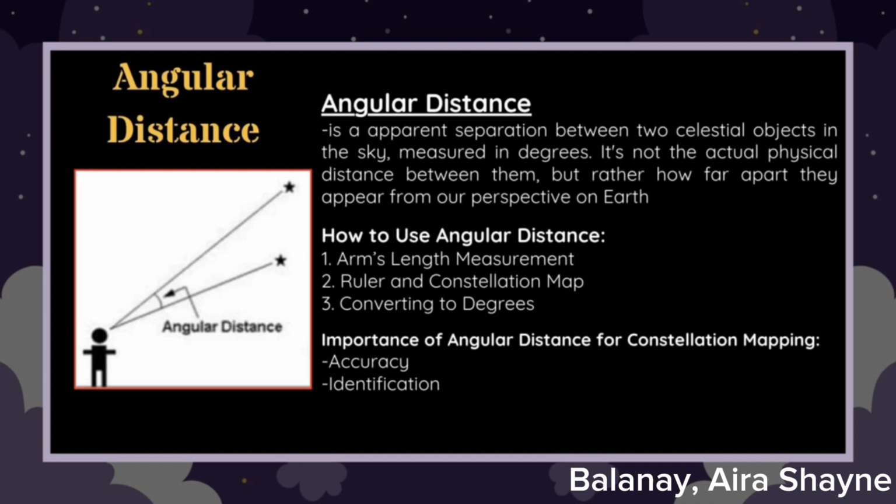Then, the importance of angular distance for constellation mapping. First is accuracy. Angular distance helps ensure precise mapping of constellations. Knowing the angular separation between stars allows for accurate plotting of constellations in the sky.